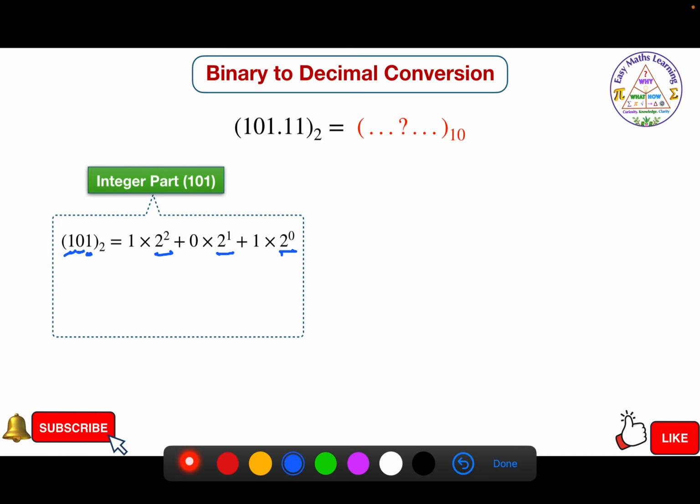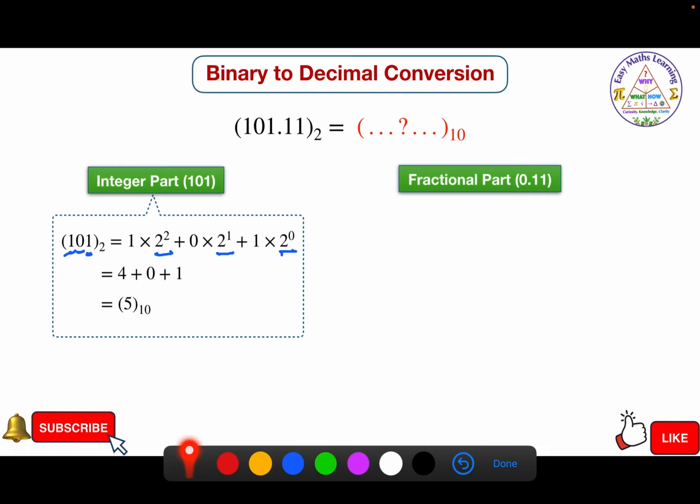Okay, so now we are getting 2 raised to the power 2, it is 4, 4 multiplied with 1 it is 4, then 0 multiplied with 2 it is 0, plus 1 multiplied with 1, 2 raised to the power 0 is 1, so we are getting 1.